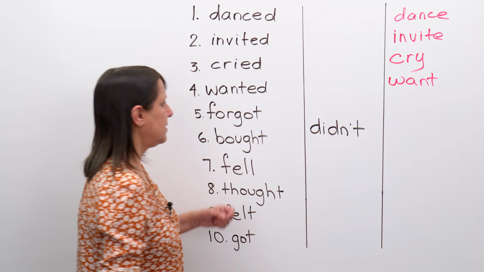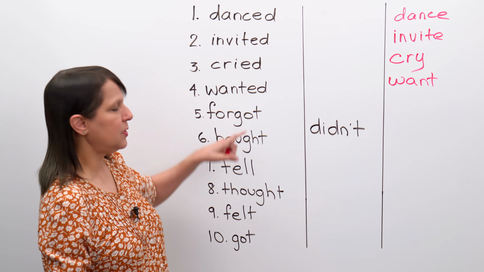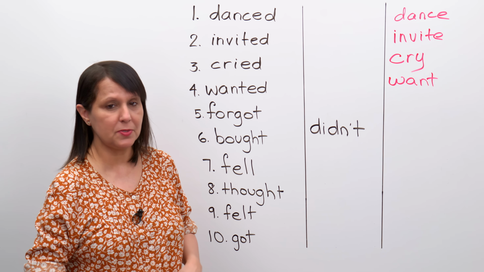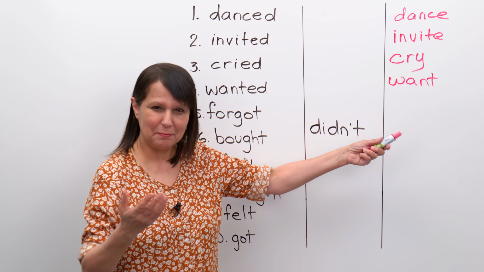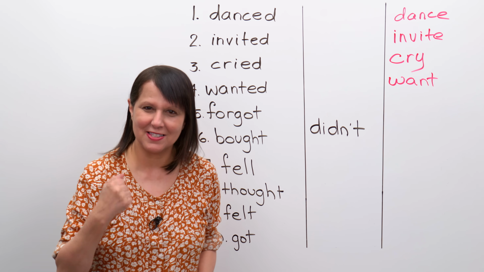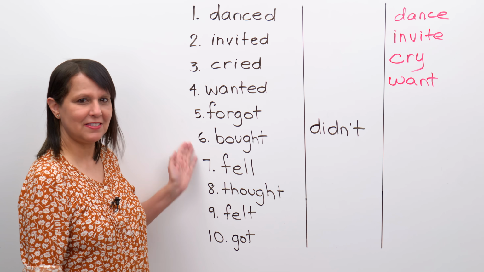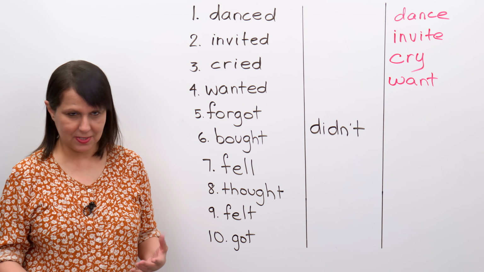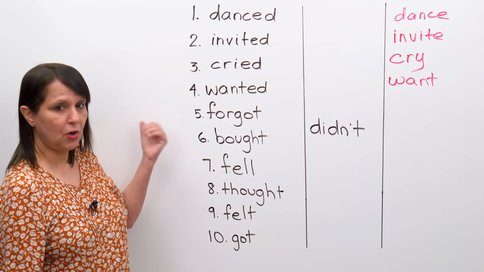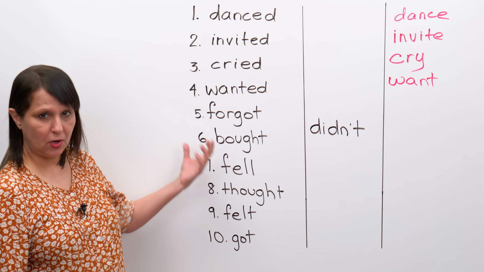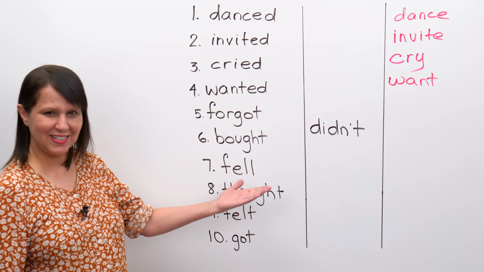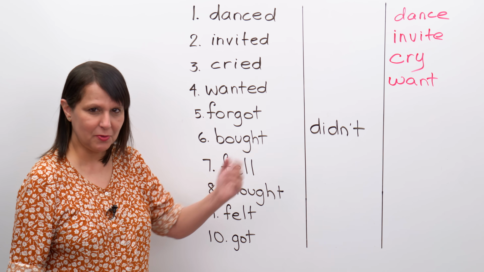We wanted, we didn't want. Okay? So what are we doing here? What did we do in all four of these regular verbs? We went back to the base form of the verb. That's it. You've got it. Now let's start with the irregular verbs. So, forgot, okay? We forgot becomes we didn't. What's the base form of the verb?